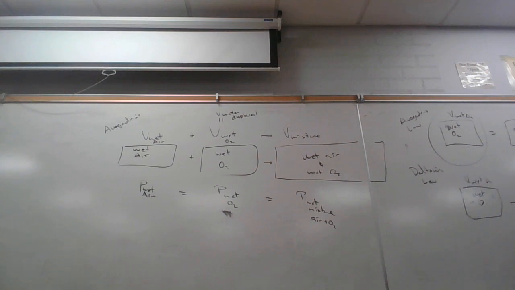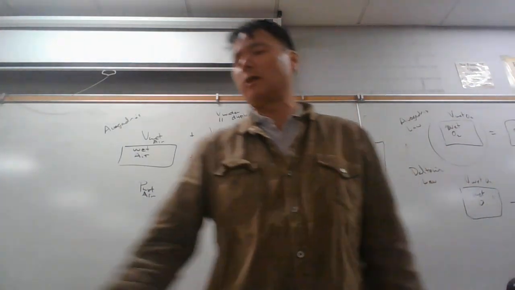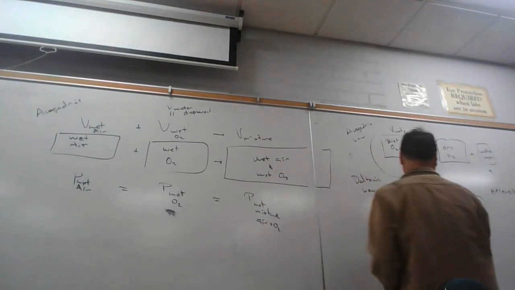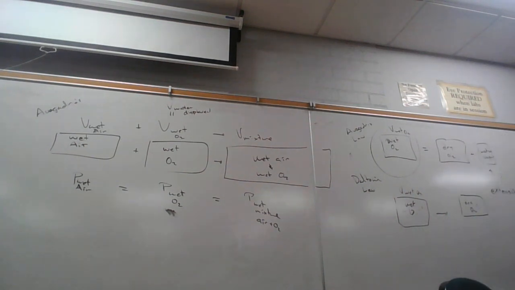So this is going to be dry O2. Then I'm going to take all the water molecules and put them into a separate container the same size. So this will be my water vapor here.